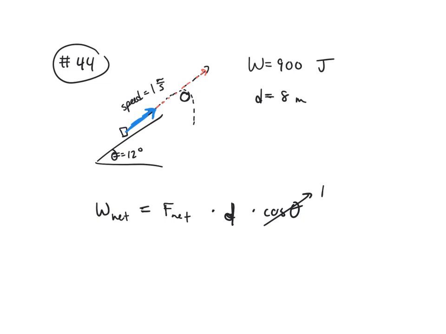So for these problems where it's in the same direction of motion, you want to consider that work simply equals FD, not FD cosine theta. So we know the work done is 900 joules, and this is the work done by the conveyor belt, rope. So we can find the force by the rope, times the distance traveled, which is, in this case, 8 meters.